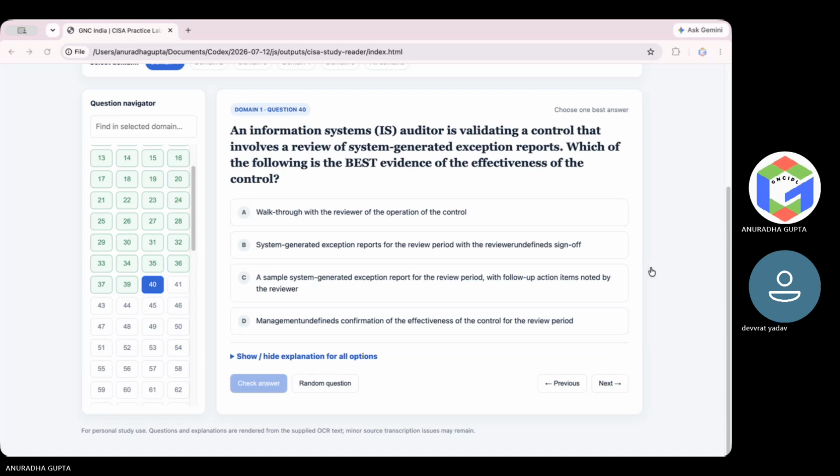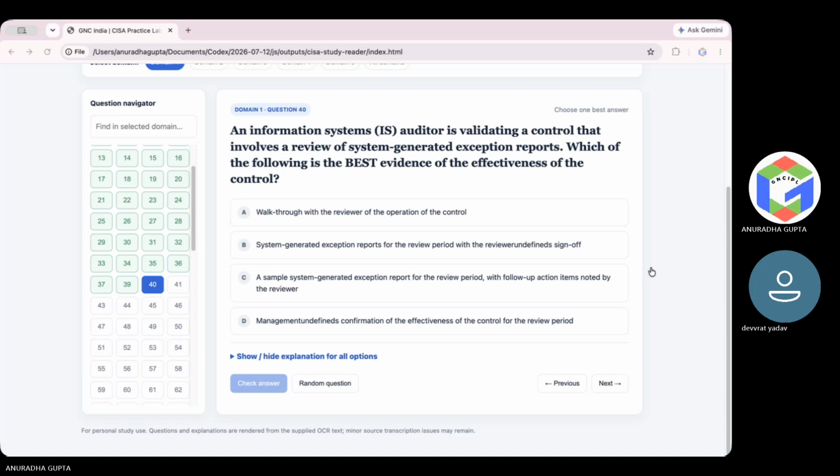A system generated exception report of the review period with the reviewer sign off. A sample transaction report for the review period with follow-up action items noted by the reviewer.